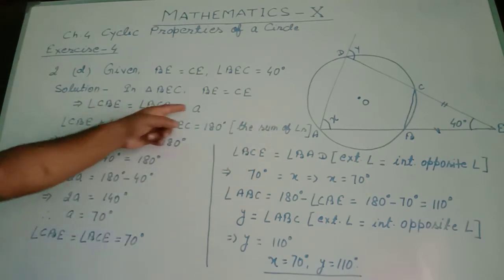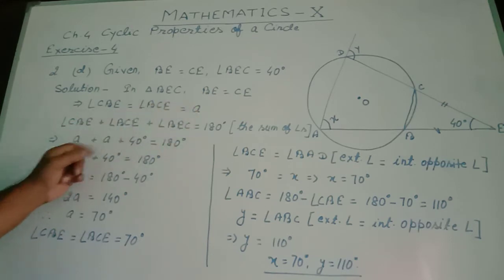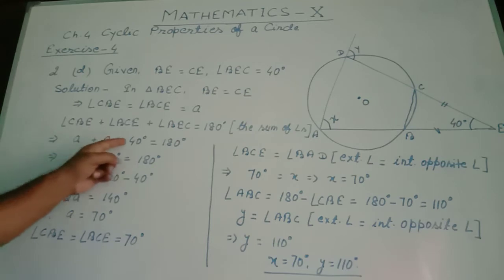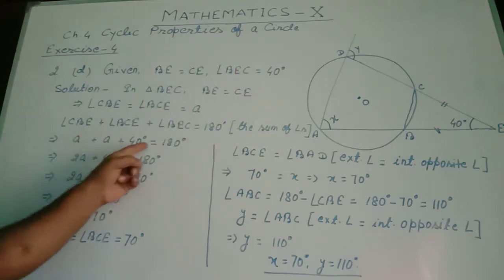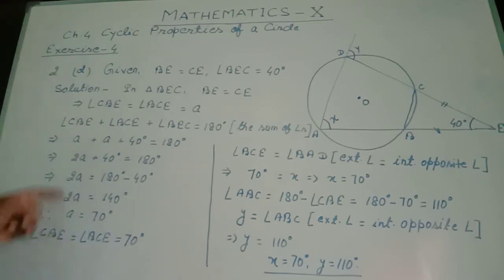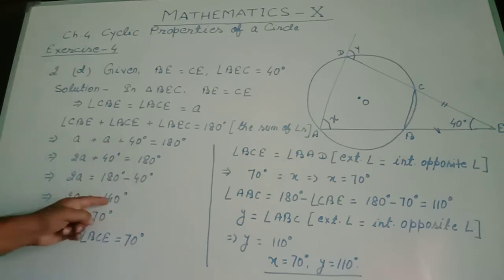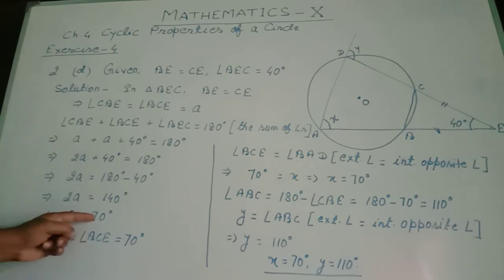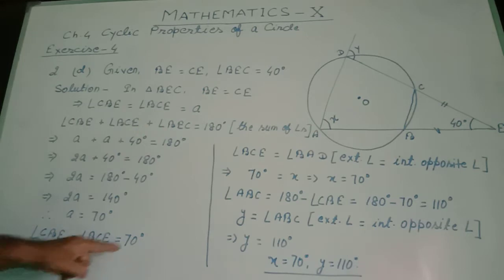So from the above consideration, these two angles are equal and the value is A. So A plus A plus this angle, which is given 40 degree: 2A plus 40 equal to 180 degree. 2A equal to 180 minus 40 degree by the rule of transposition. So 2A equal to 140 degree, so A equal to 70 degree. So angle CBE equal to angle BCE equal to 70 degree.